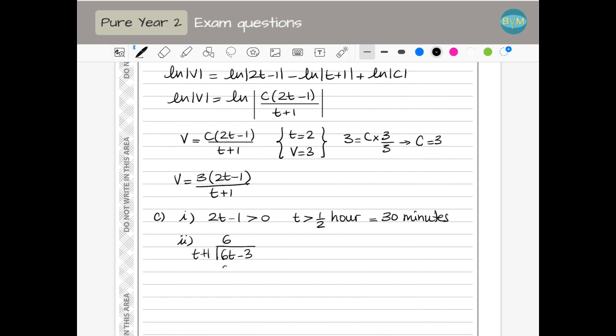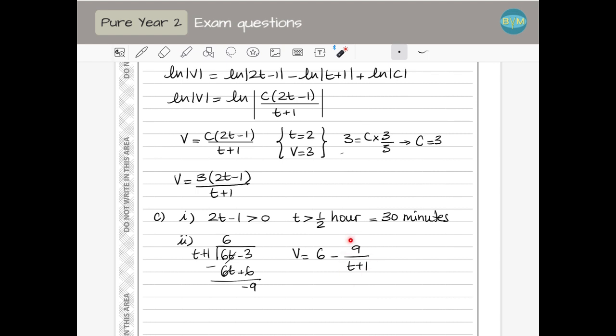It's going to be 6t plus 6. When I subtract, these two are gone, and then I have minus 3, minus 6, minus 9. I can write my volume, my expression, as 6 minus 9 over t plus 1.